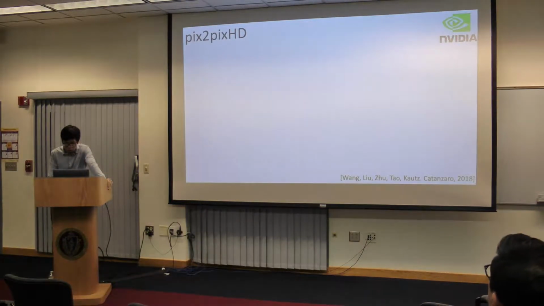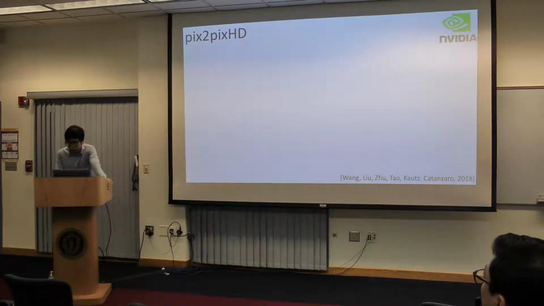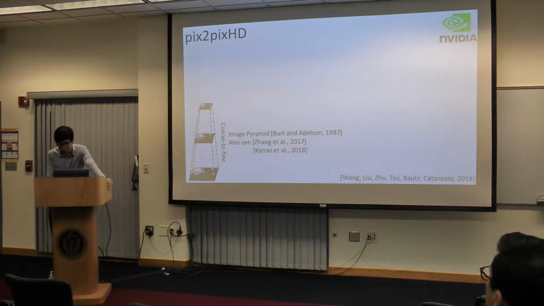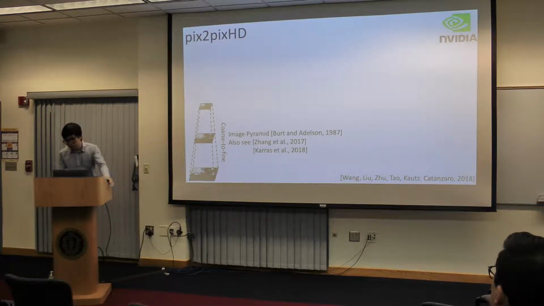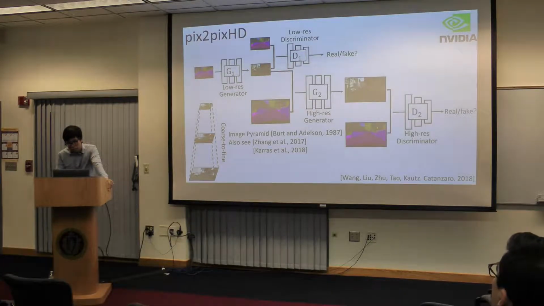So to address this challenge, together with researchers from NVIDIA, we proposed Pix2Pix HD, a divide and conquer strategy inspired by the image pyramid. It's a very classic idea in computer graphics and vision. The idea is we first generate low-res output, and we further upsample the low-res output and refine it using a second stage network.